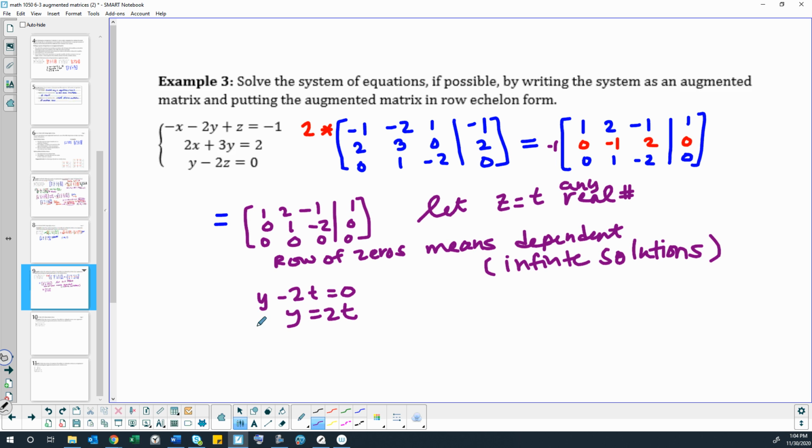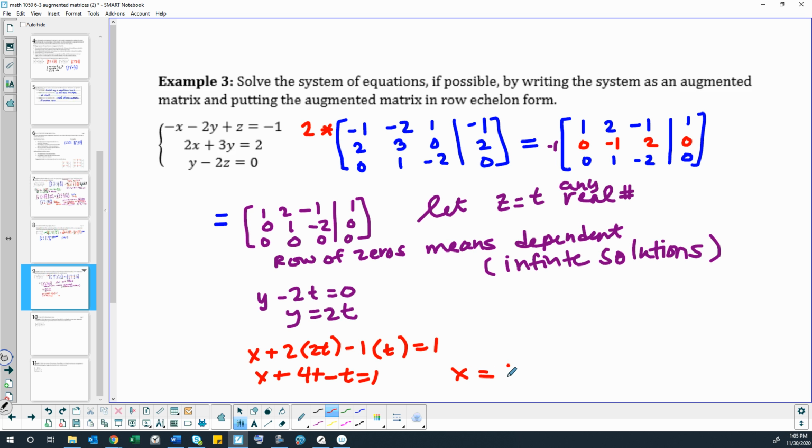Then I take my first row here and I would replace the y with 2t and the z with t. So I would have 1x plus 2y, so that would be 2 times 2t, minus 1 times t equals 1. So that gives me x plus 4t minus t equals 1.